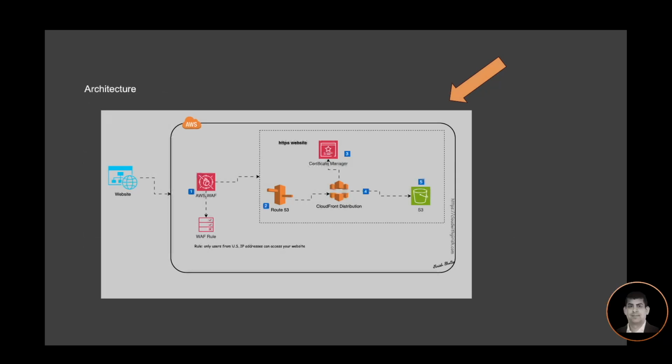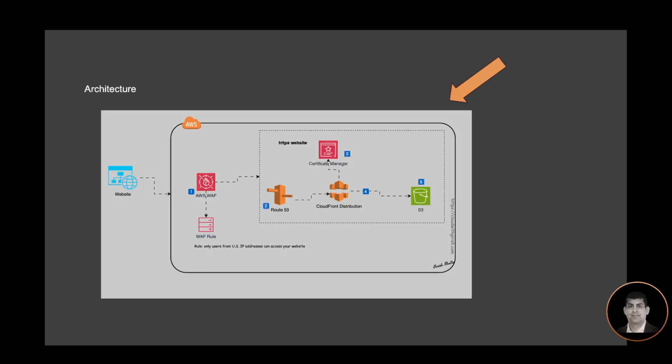Let's look at our architecture. We have a website which is hosted using the Route 53 and S3 services from AWS. And then I have created a CloudFront distribution along with a certificate to make it an HTTPS website. This is a secure website. However, it's a public URL and anybody across the globe can access this by typing the website URL.